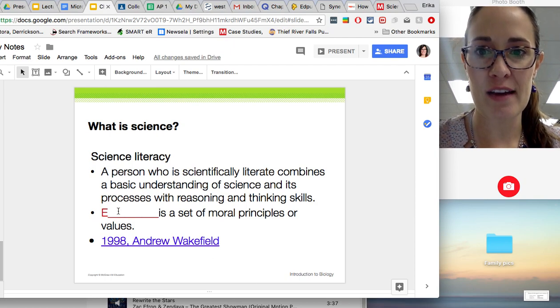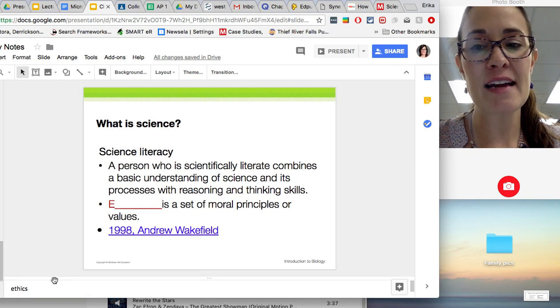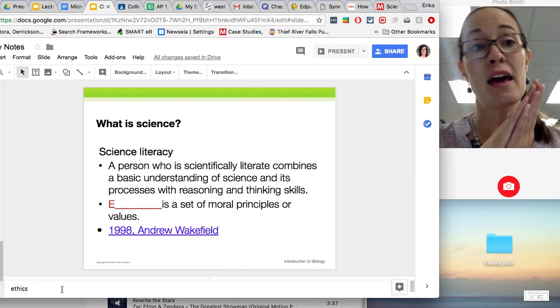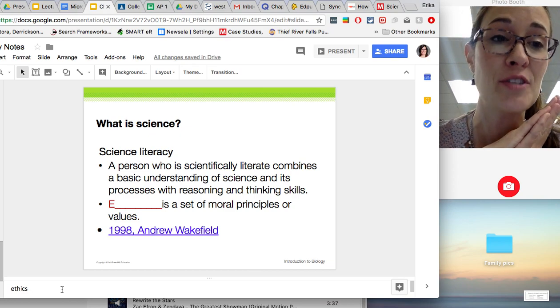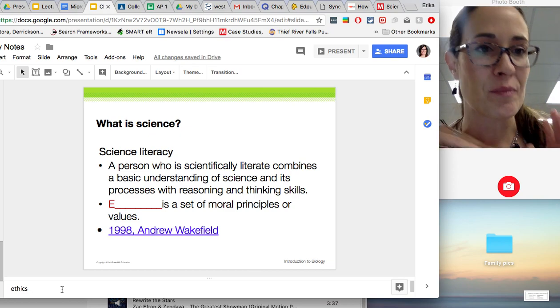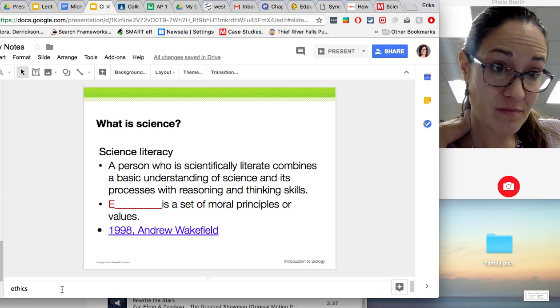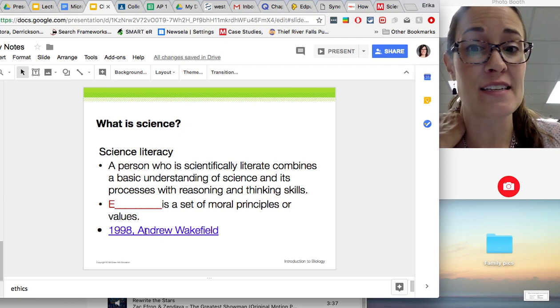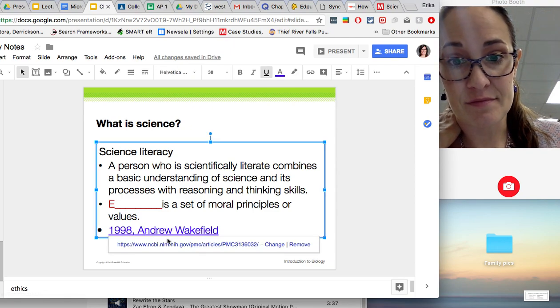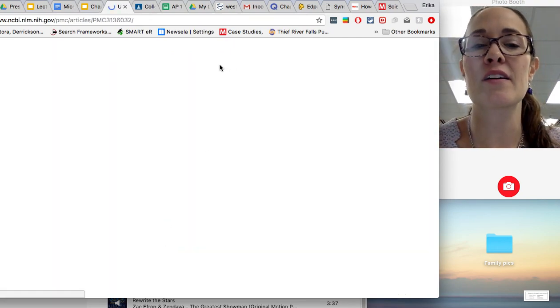Ethics is the word there. Ethics is a set of moral principles or values. And scientists need to have good ethics because they can't publish research if it's not valid and true. An example of a scientist that was unethical is Andrew Wakefield in 1998. I'll click on this link here and tell you a brief summary.